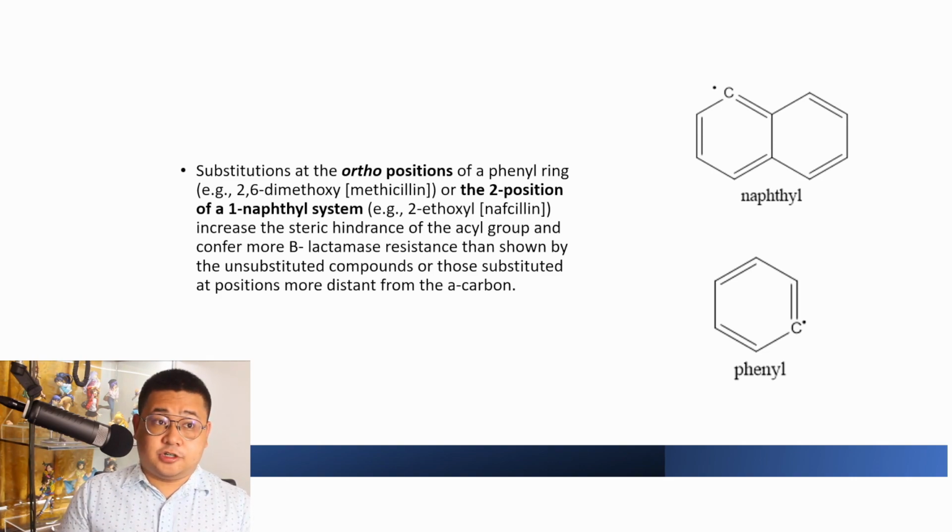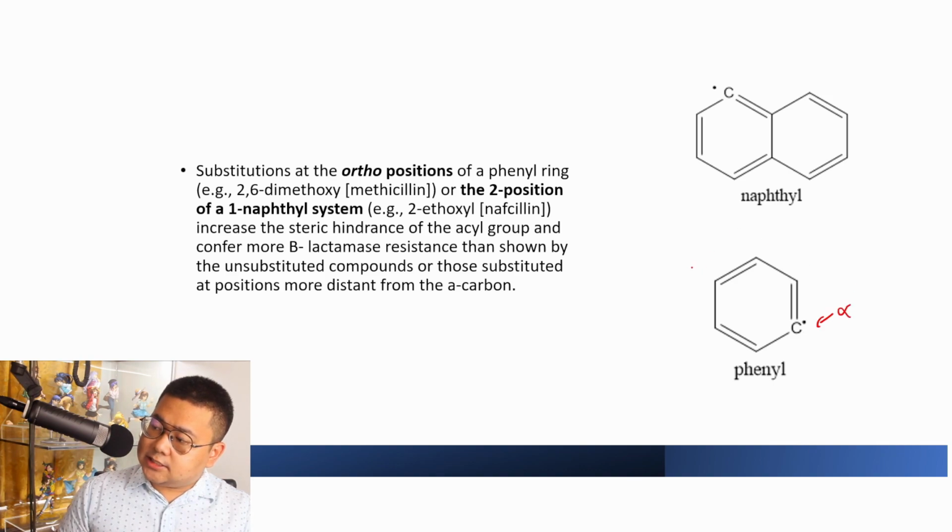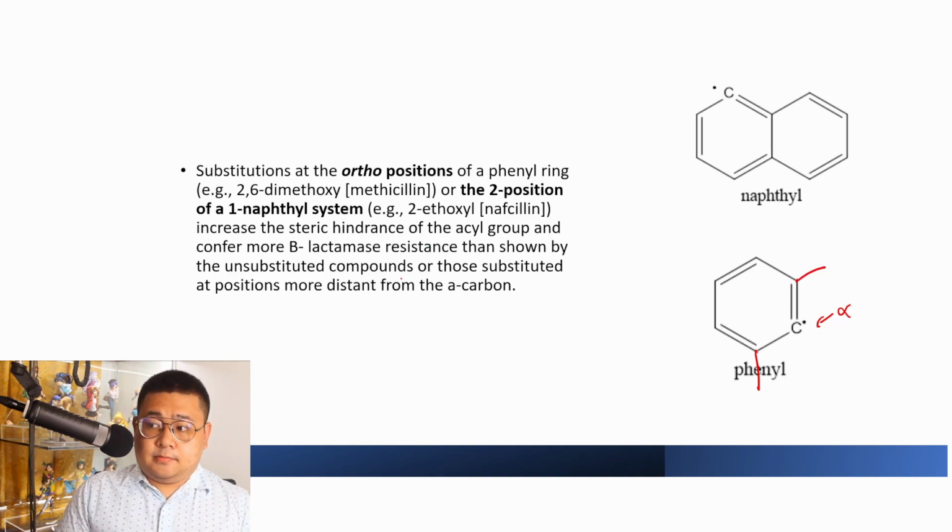Now, substitutions at the ortho positions of the phenyl ring. So take for example, this is the alpha carbon. Substitutions at the ortho positions of the phenyl ring, or the 2 position of a 1-naphthyl system. So this is the naphthyl substituent. You have 1.